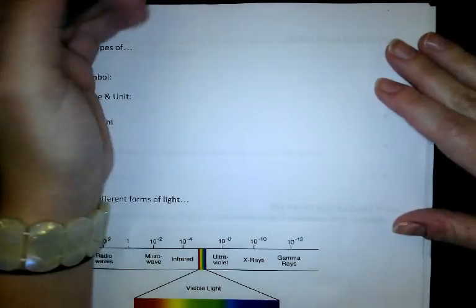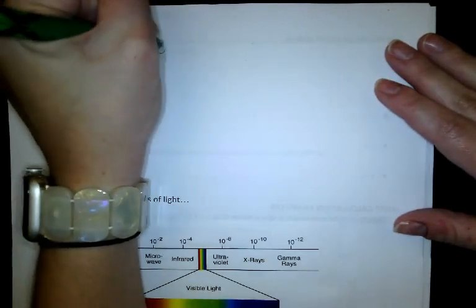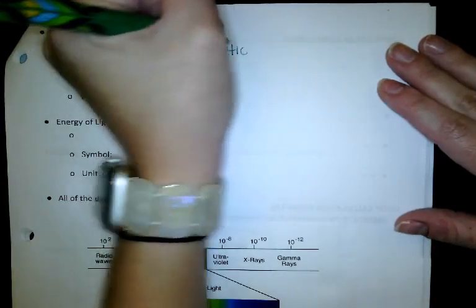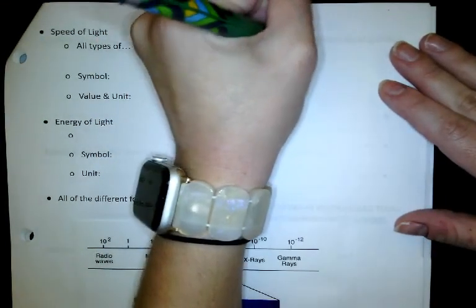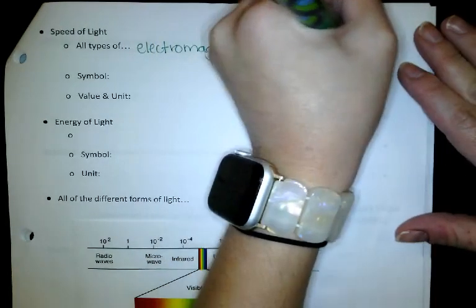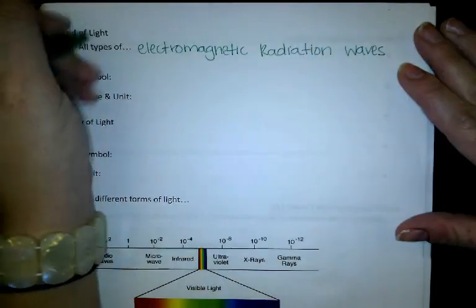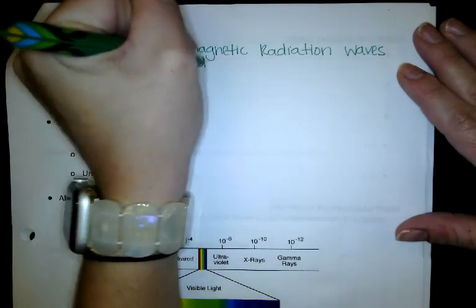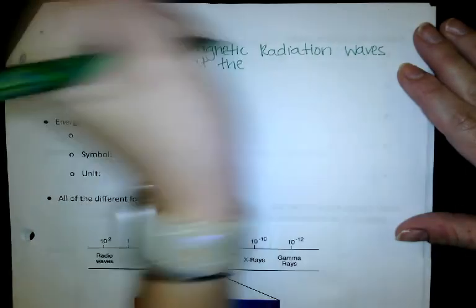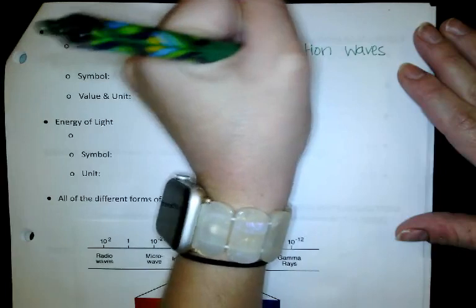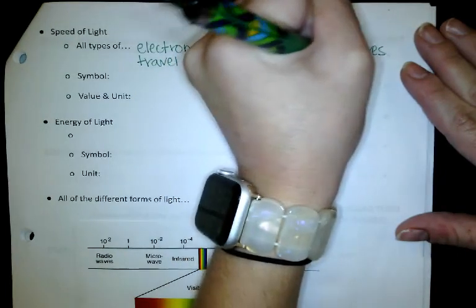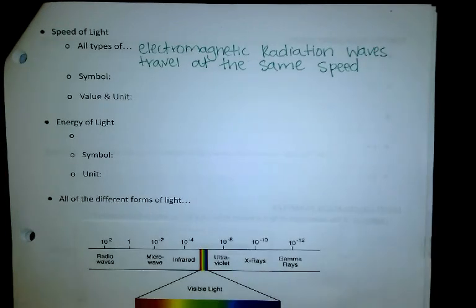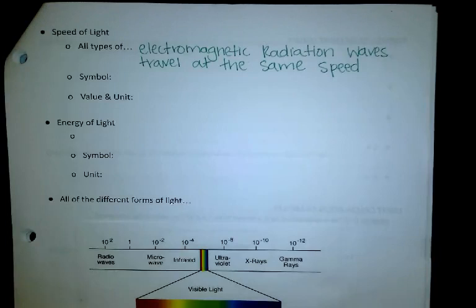So all types of electromagnetic radiation waves travel at the same speed. Now they are going to have different wavelengths and different frequencies, but they will all travel at the same speed, and this is the speed of light.